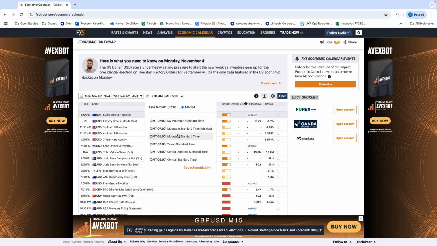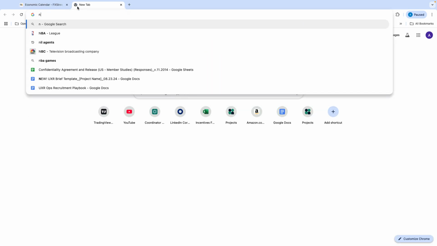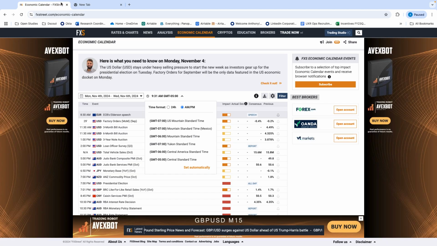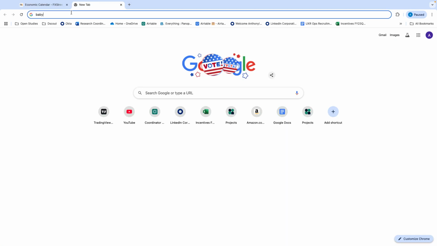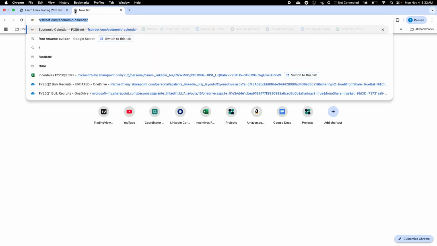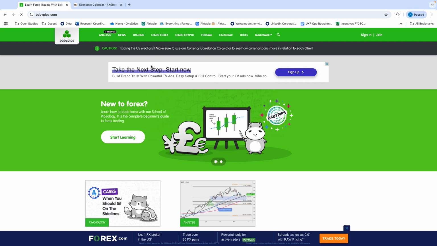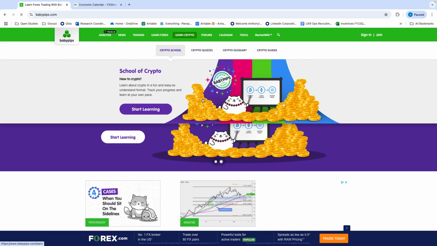That's the reason why I always cross-reference with a second one. Maybe we'll go to Baby Pips. If you go to Baby Pips, it's somewhere on here.